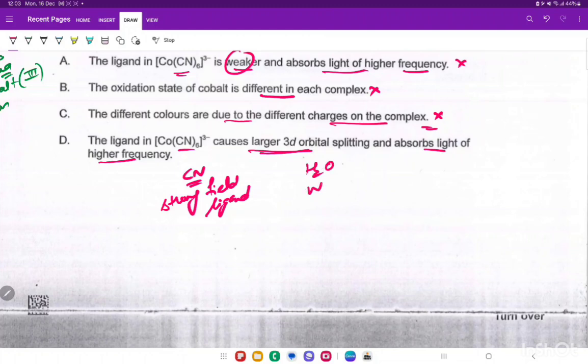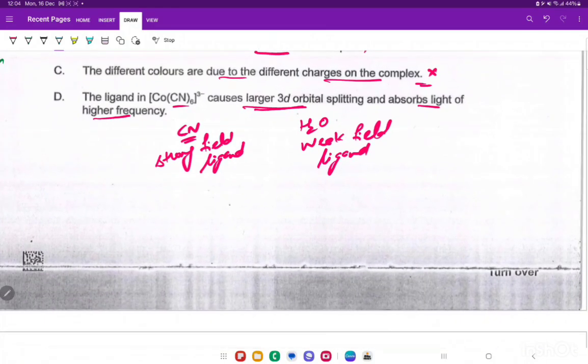When a weak field ligand and a strong field ligand are present in a compound, a strong field ligand has higher repulsion between the electrons of the d orbitals and the ligand, hence higher CFSE, crystal field splitting energy. The d orbital splits more here and splits less here, lesser splitting.